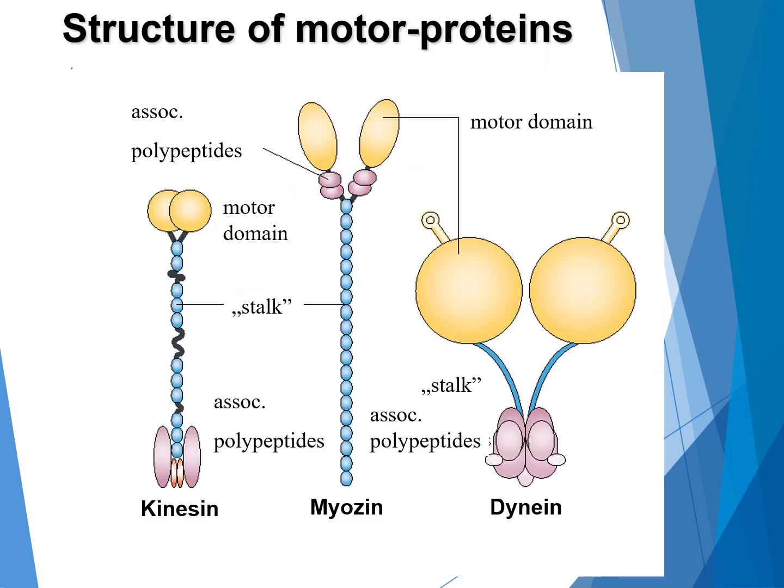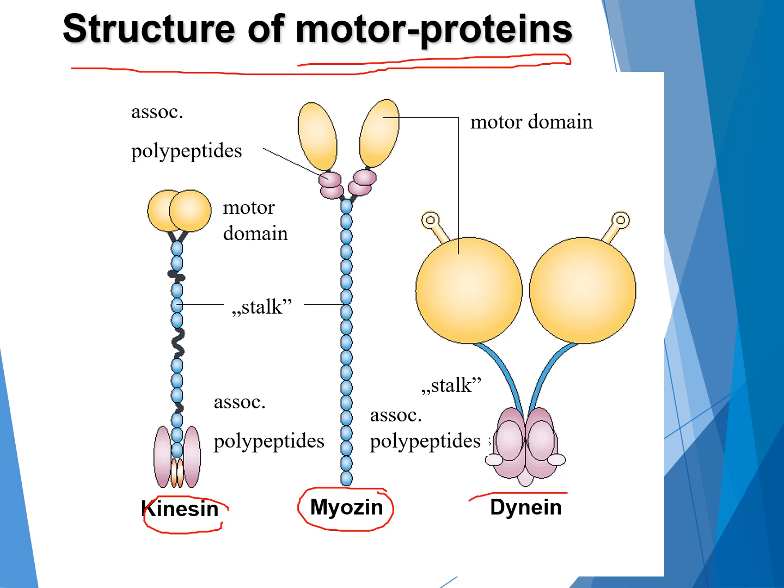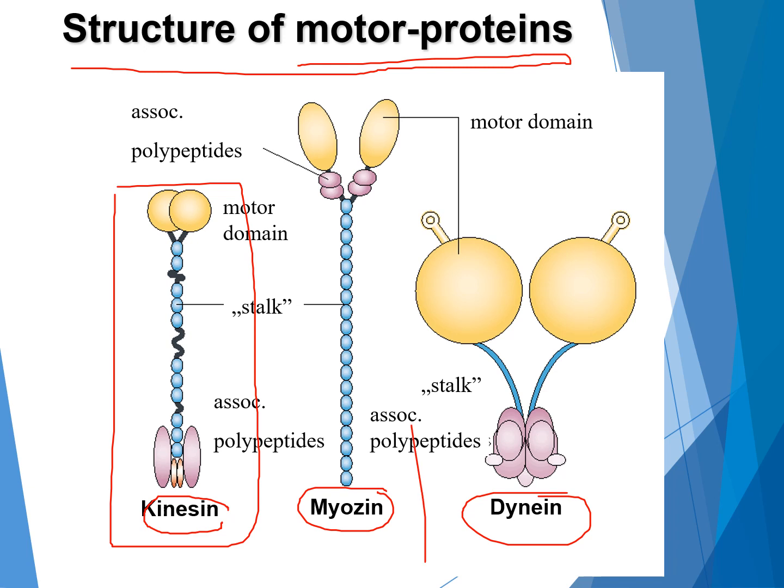Here is the example of the structure of motor proteins. We have over here the kinesin, myosin, and also dynein. Remember about exocytosis and endocytosis? The vesicles were actually carried by this vehicle and also this vehicle.